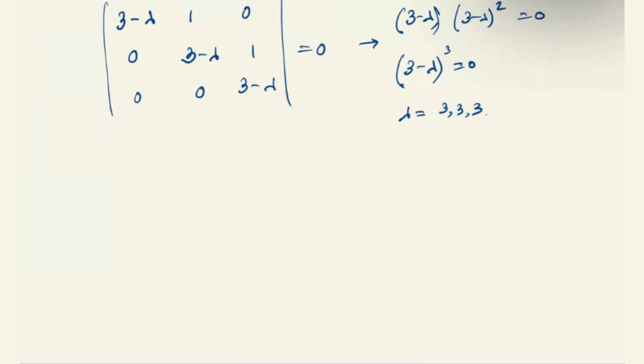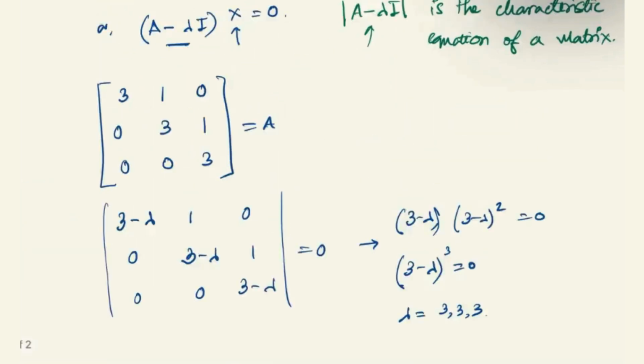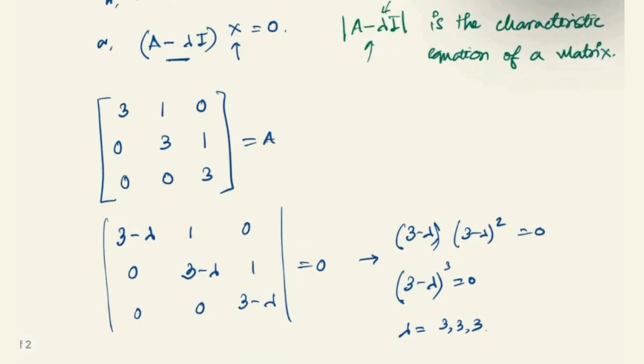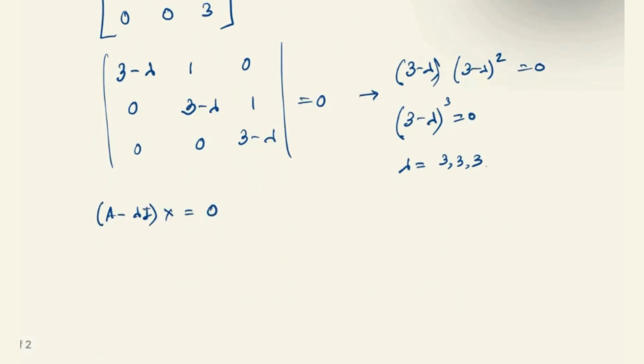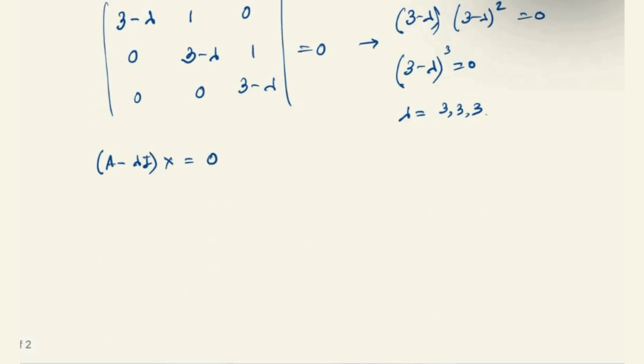And if you plug this value of lambda in the equation, then A minus lambda I times x equals 0 will become the matrix with rows 0, 1, 0; 0, 0, 1; 0, 0, 0.